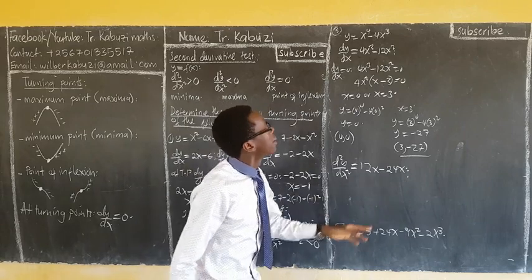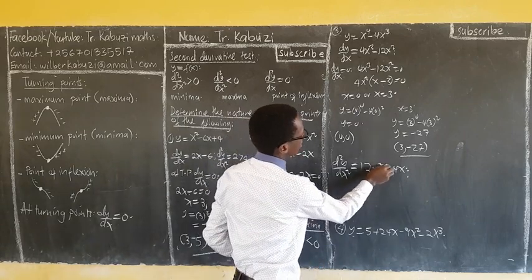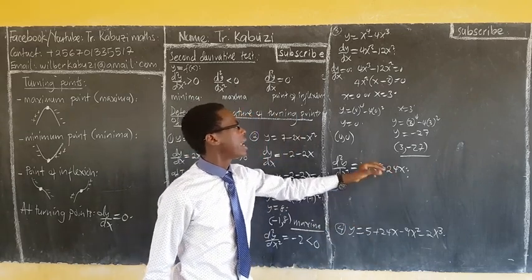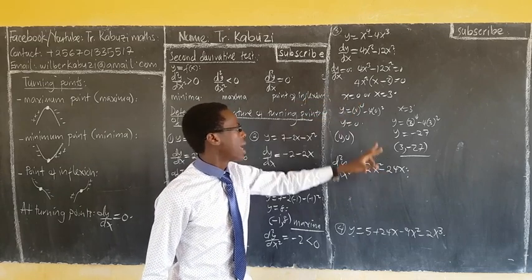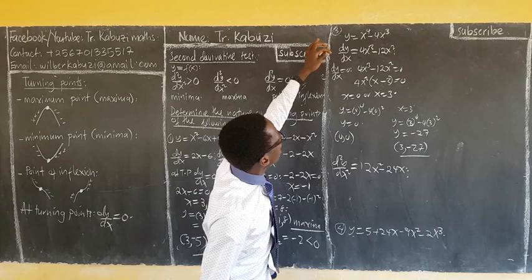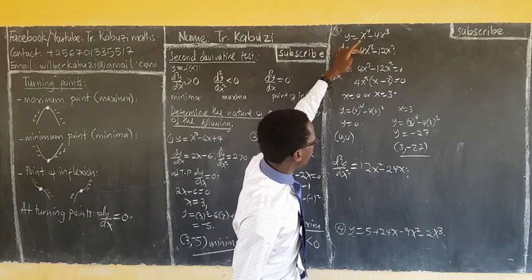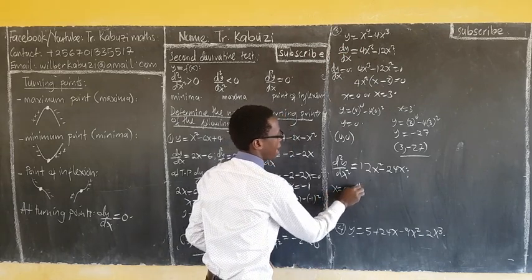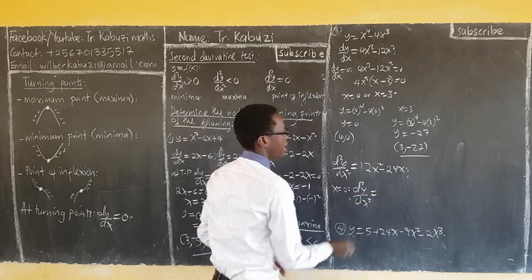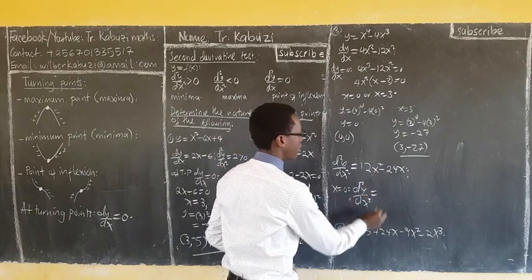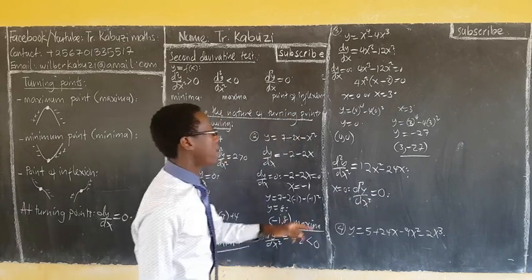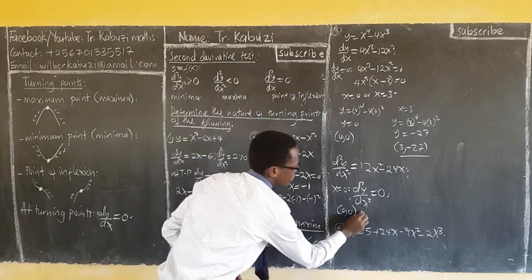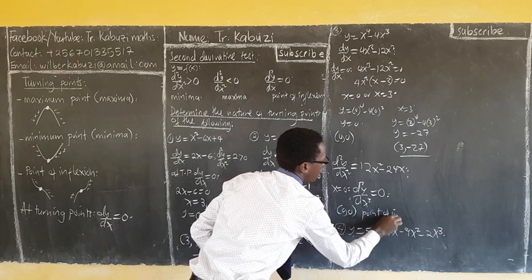Now that I have the values of x, I substitute them to determine the nature. When x is 0, d squared y by dx squared will be 0. Because it's 0, the point 0, 0 becomes a point of inflection.